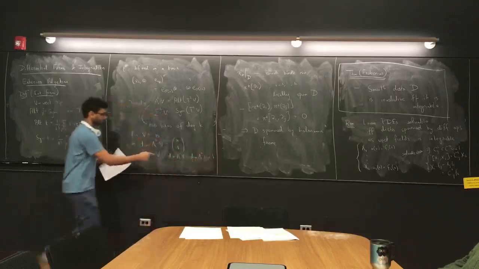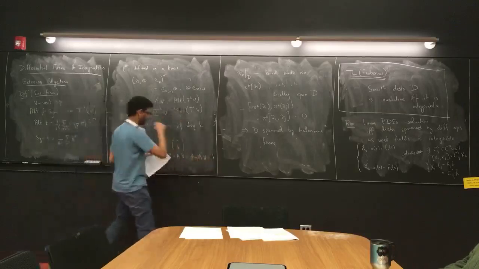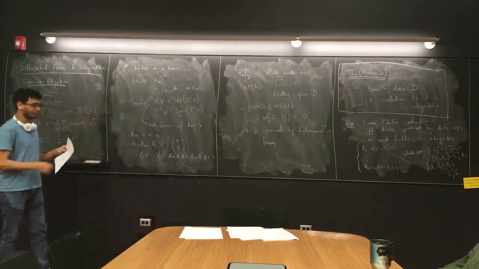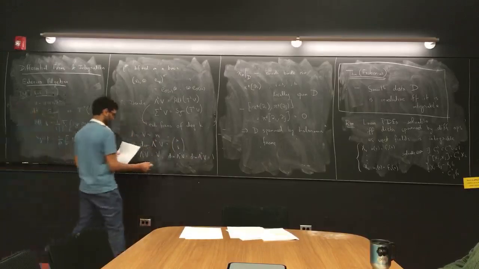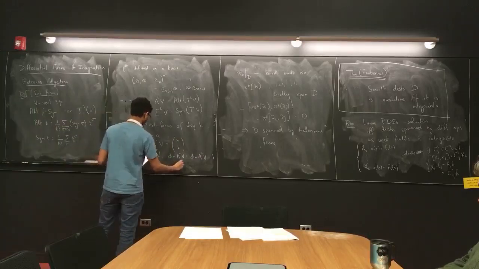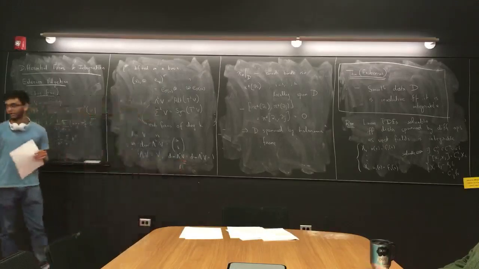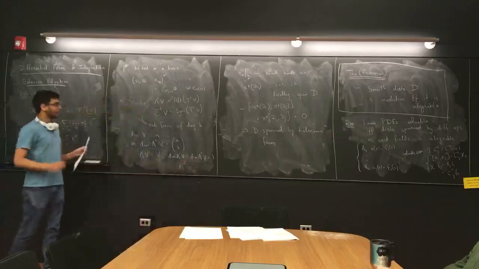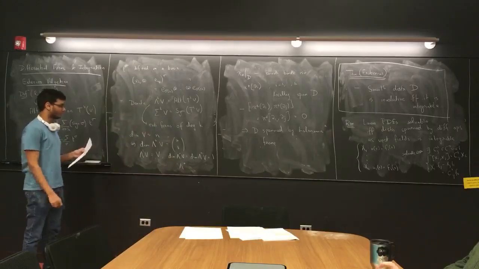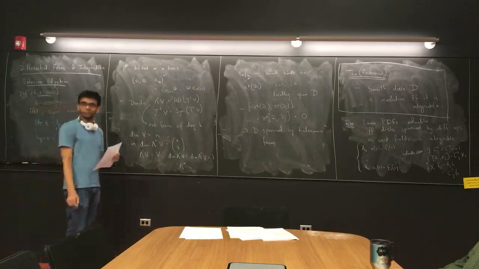So Lambda^0 V and Lambda^n V are basically the set of scalars. Well, they're isomorphic to the set of scalars.